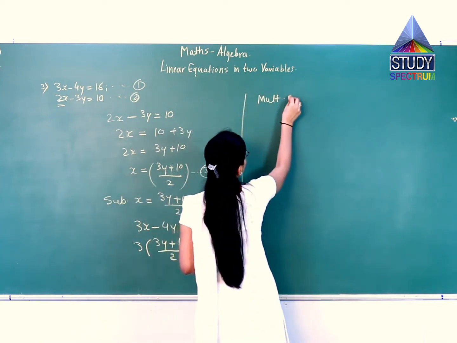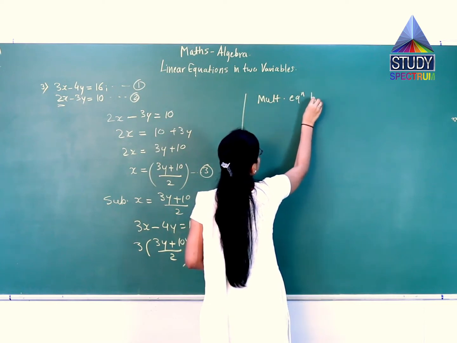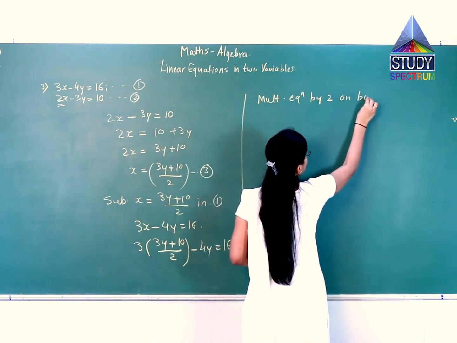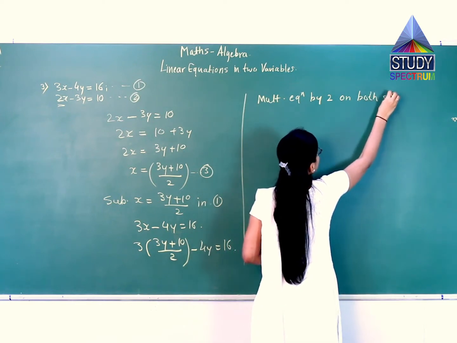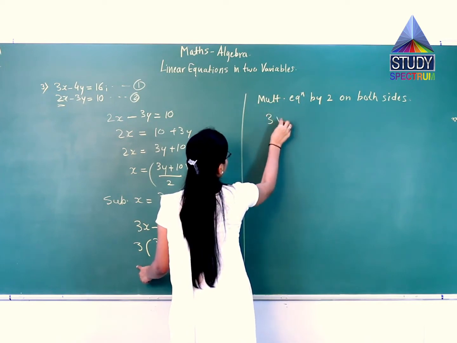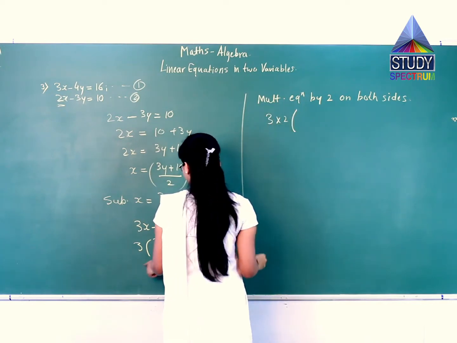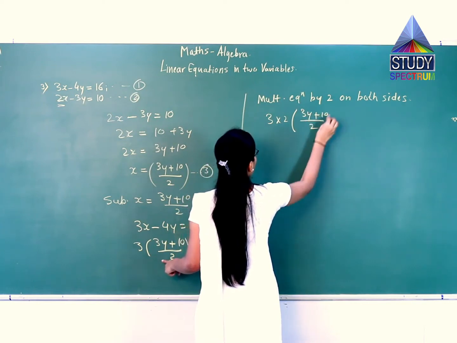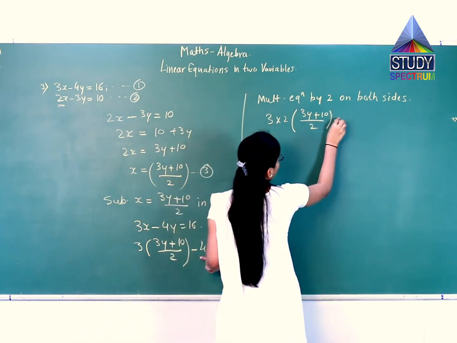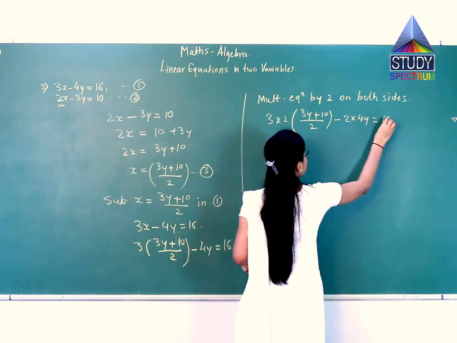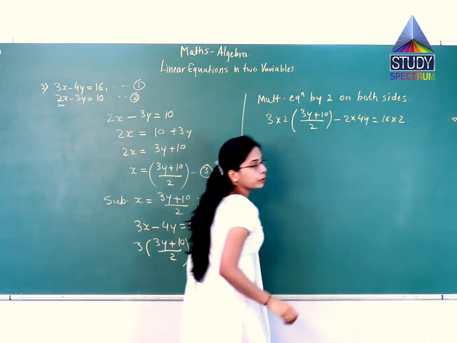So let's see, I will write multiplying equation by 2 on both sides. So here we will get 3 into 2 in the bracket 3y plus 10 upon 2, minus 2 into 4y is equal to 16 into 2.